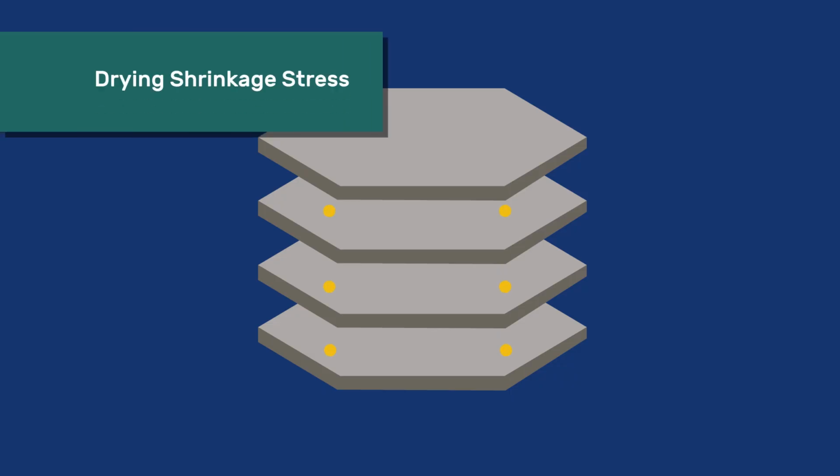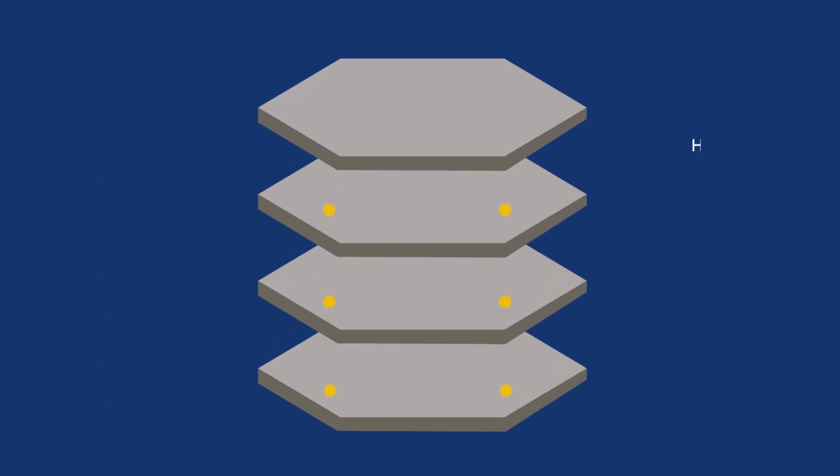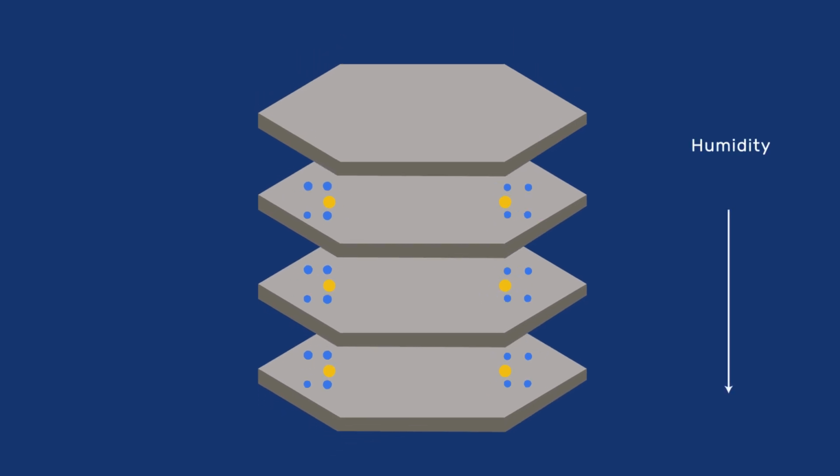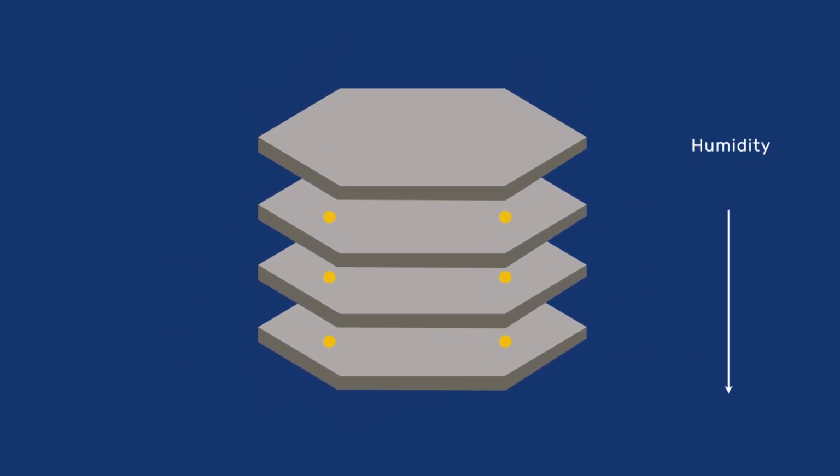A special case of materials suffering from cycles of wetting and drying is clay-bearing stones. As explained in our video, Drying Shrinkage Stress, such stones change dimensions depending on the presence of humidity, since swelling clays respond to changes in relative humidity by absorbing or releasing water from between their charged platelets.